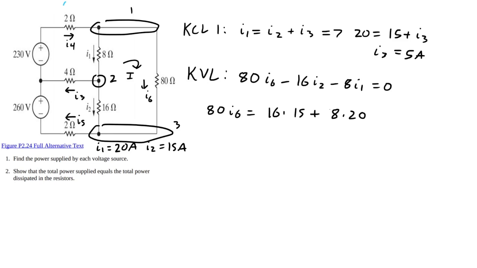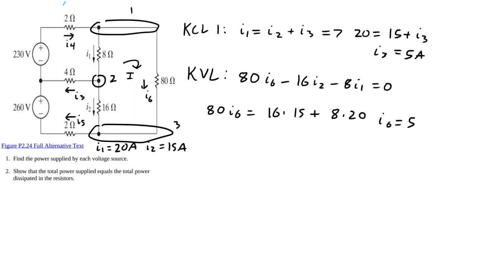So let's punch this all in. 16 times 5, 15 plus 8 times 20. It's 400 divided by 80. I6 equals 5. Okay. So now that we have I6, we can go and calculate the other stuff.